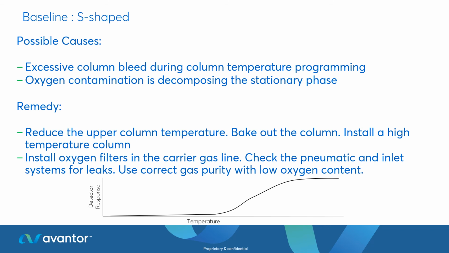Ways of eliminating this are to reduce the column upper temperature, so that the observed stationary phase bleed is not so observable.